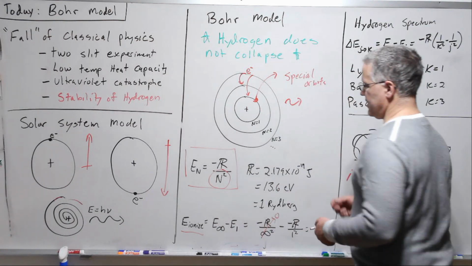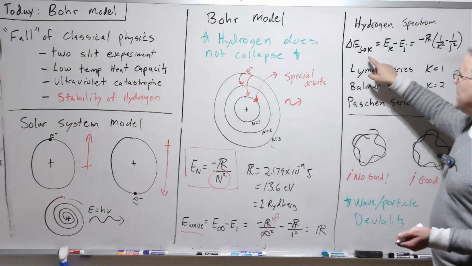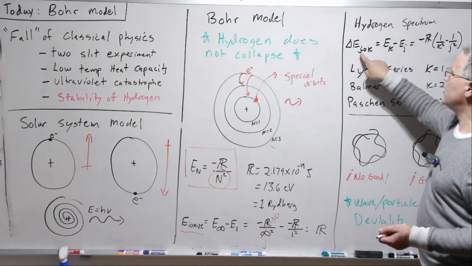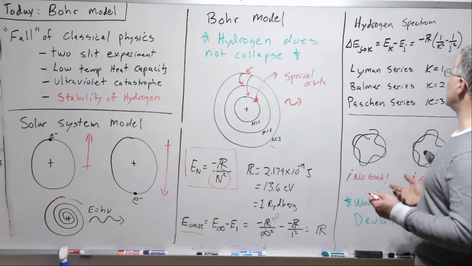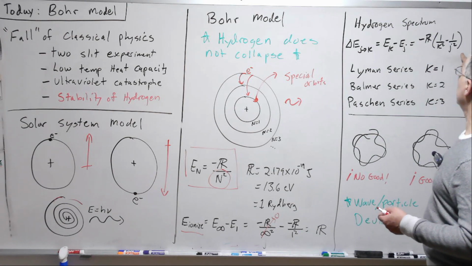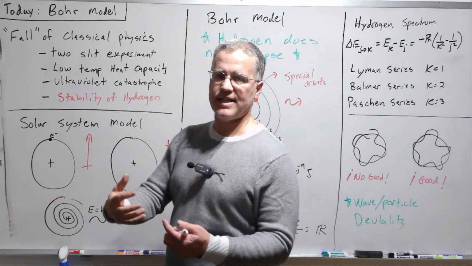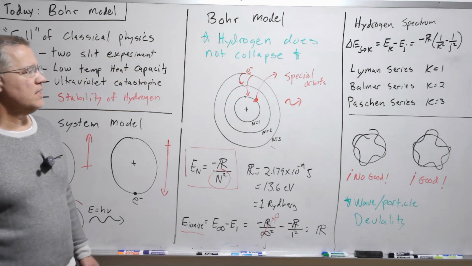Furthermore, as I mentioned, it gets the spectra right. How would we calculate any given transition? Well, we would just say the change in energy from J to K, where J could be any integer and K could be any integer. Final minus initial. And so we'll get minus the Rydberg times the difference of the inverse squares of the quantum numbers.